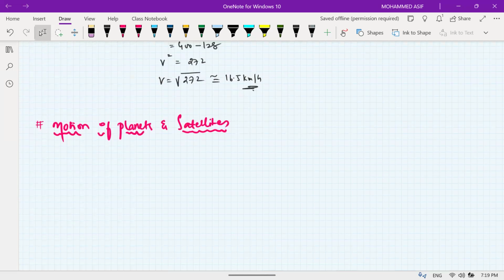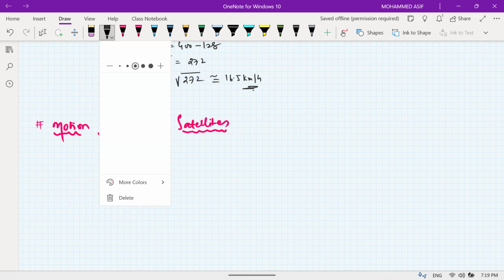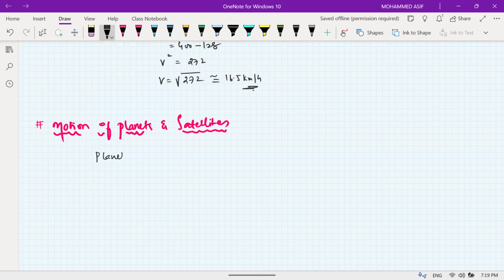You know that planets move around the sun due to what, beta? Gravitational force of attraction. And the path of the planets is generally elliptical with the sun at the focus. Planets move around the sun due to gravitational force.